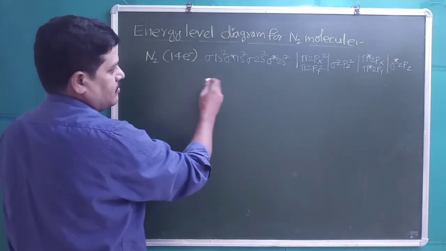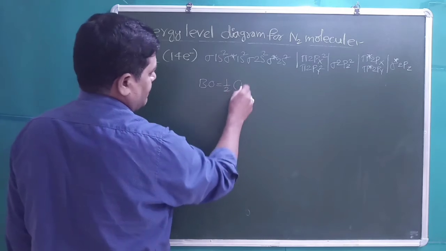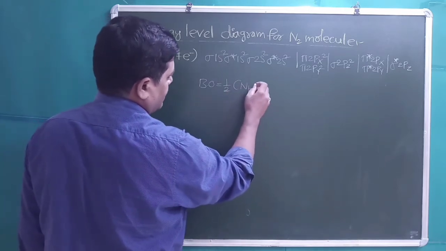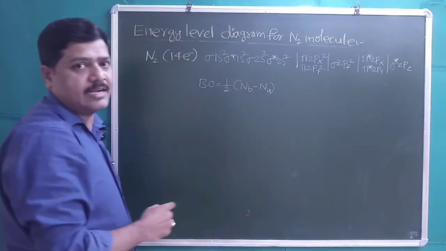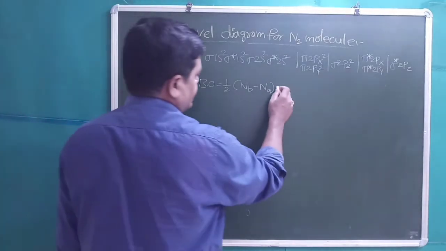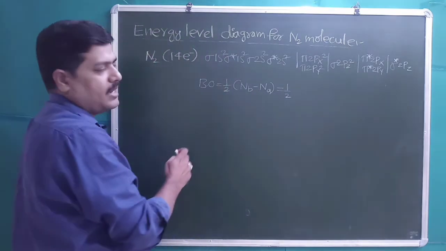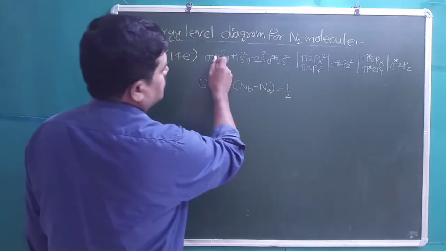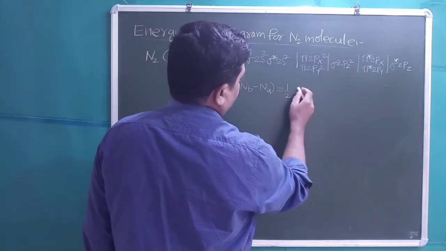Bond order is equal to half into the number of electrons in bonding molecular orbitals minus the number of electrons in anti-bonding molecular orbitals. Electrons in bonding molecular orbitals: 2 plus 2 is 4, 4 plus 4 is 8, 8 plus 2 is 10.